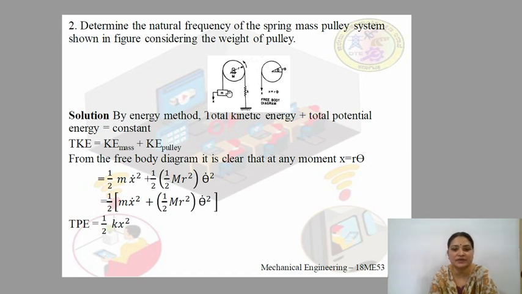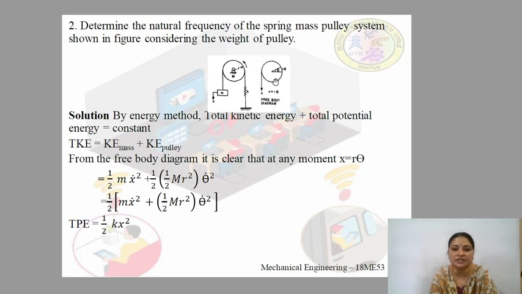As discussed in the previous problem, here also we have to analyze in the same way, where the angular displacement is theta. The figure beside shows the free body diagram of the spring mass pulley system. So the displacement x is nothing but r into theta, that is this angular displacement from here to here is nothing but r theta.